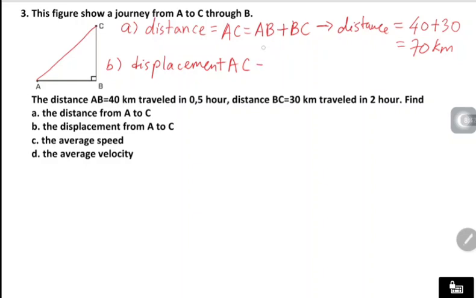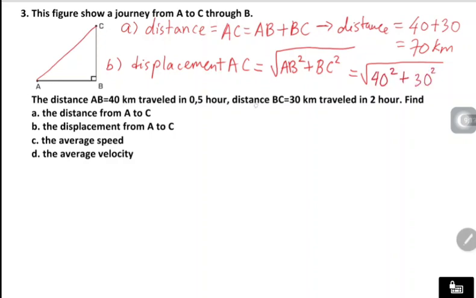So that the displacement AC can be found by root of AB square plus BC square. AB is 40, BC is 30.